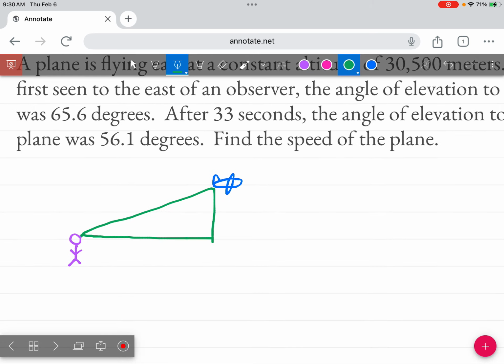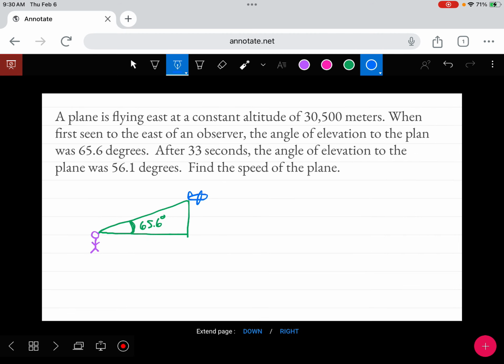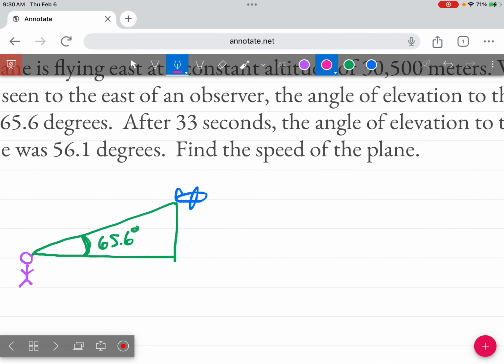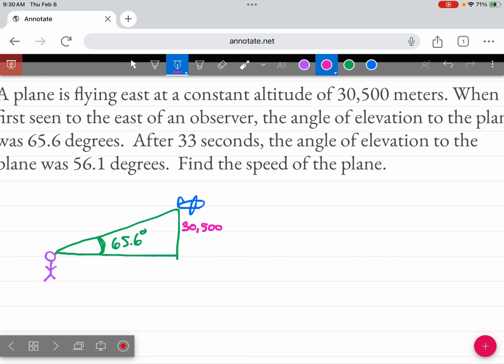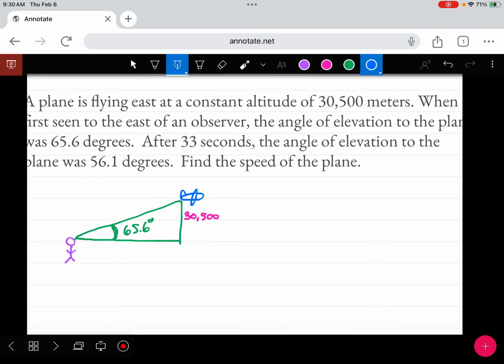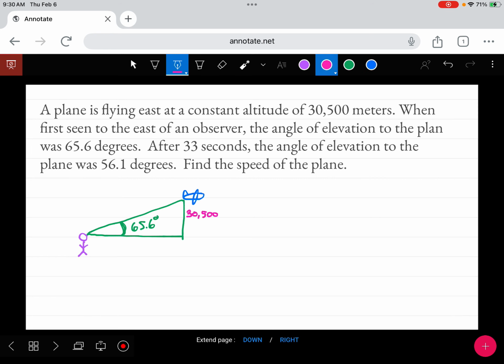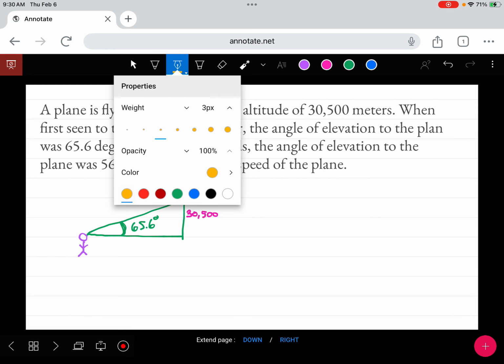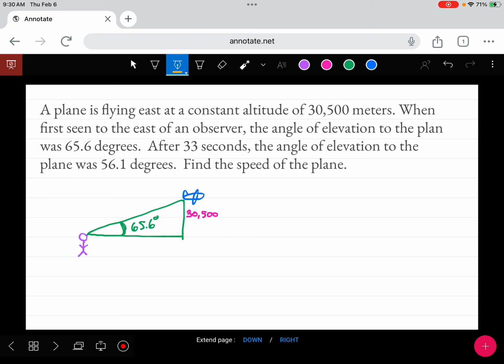We know that it is at that 65.6 degrees. And we know that its altitude is that 30,500 meters. Then they keep watching the plane, and as it flies further and further away, the angle gets lower because the plane's further away.